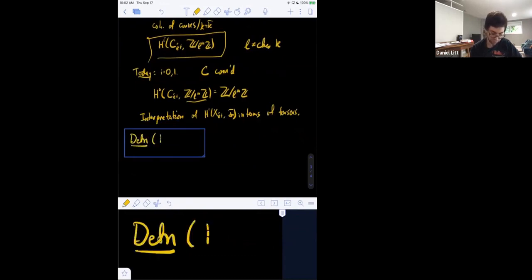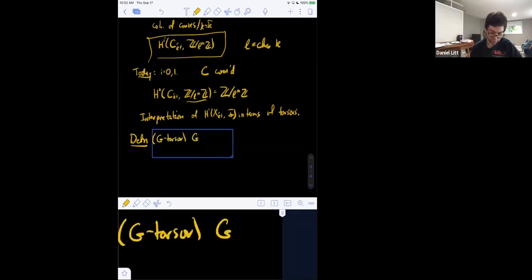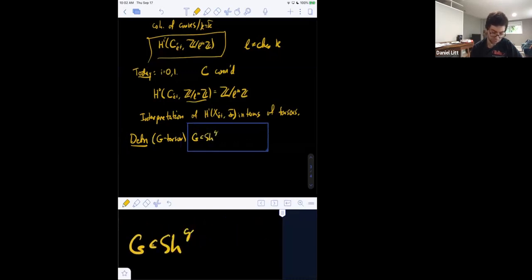This is the definition of a G-torsor, where G is a sheaf of groups, not necessarily abelian, on X. The definition will make sense for any site, but let me just make it in the étale site.